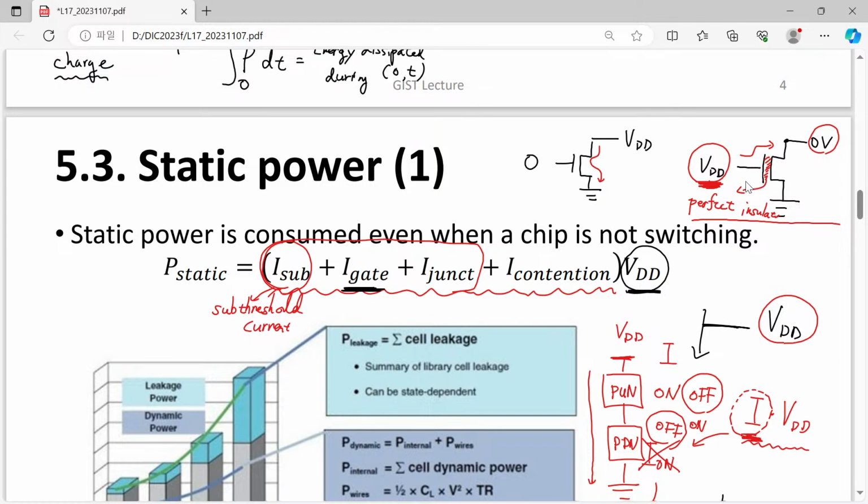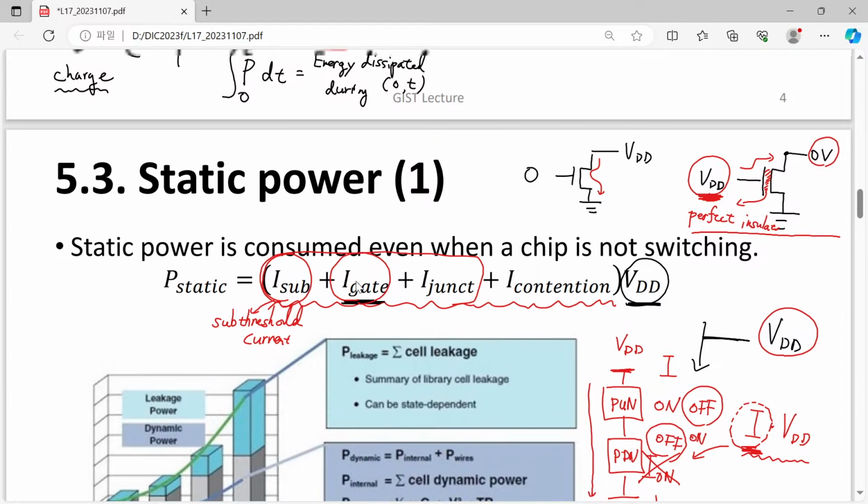Although it is quite a good insulator, it's not perfect. So in this case, we can have gate current. The gate can contribute a certain current into the channel, and depending on the bias condition, that can flow either into the source or into the drain. So this is the second mechanism, called gate leakage current.